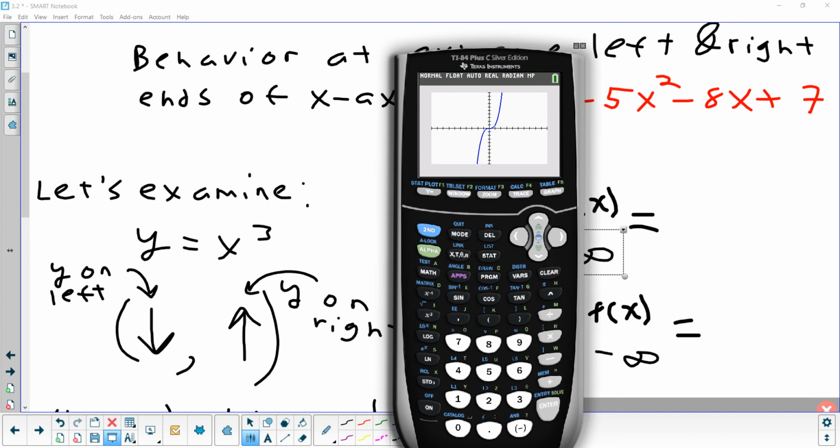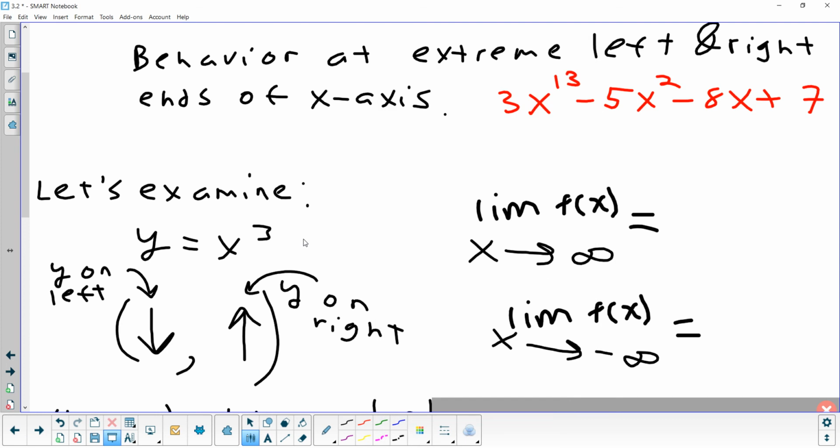So what's happening to the y value in this graph the further to the right that I head? What is it increasing toward? Infinity. So as I get a bigger and bigger number, the y value is approaching infinity.